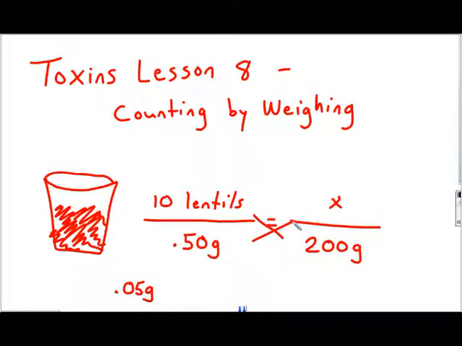We cross multiply and solve for x, and we get that 10 times 200, which is 2,000, is equal to 0.5x. So 2,000 divided by 0.5 is 4,000. So if you have 200 grams of lentils, you have 4,000 lentils. That's our answer.